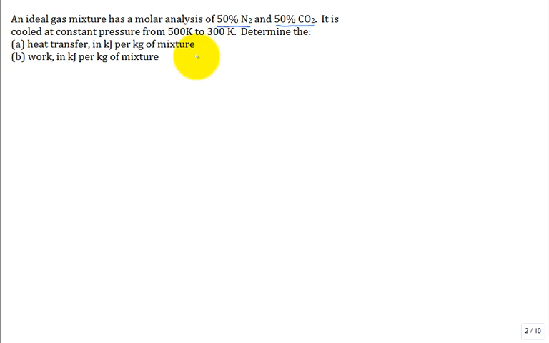How could they accomplish a constant pressure cooling process in your mind visually? What comes to mind? I'm cooling something, an ideal gas mixture, and during that cooling process, it's constant pressure. How could we theoretically achieve that? Yeah.